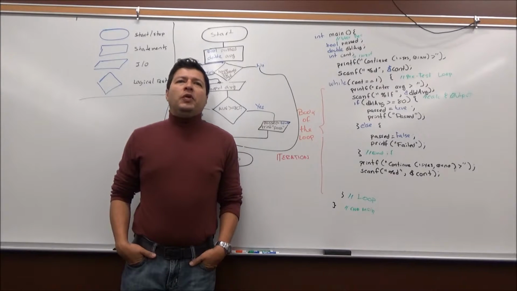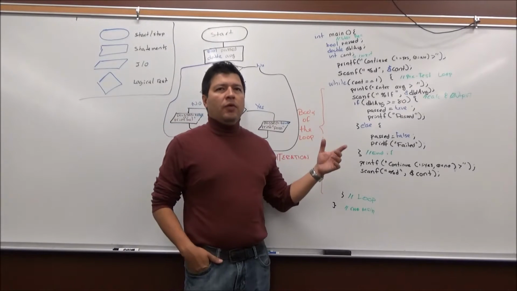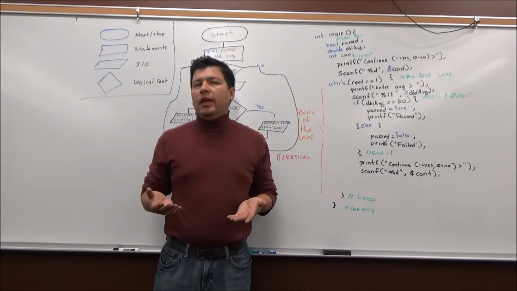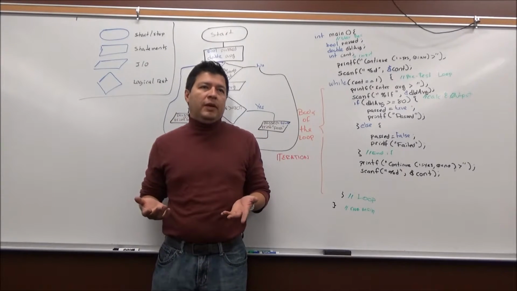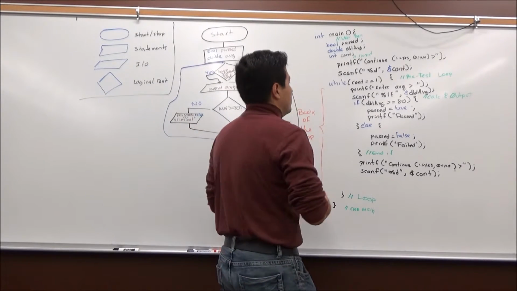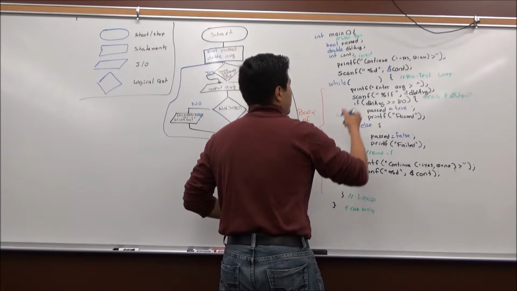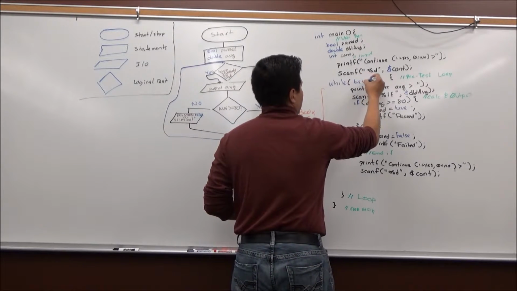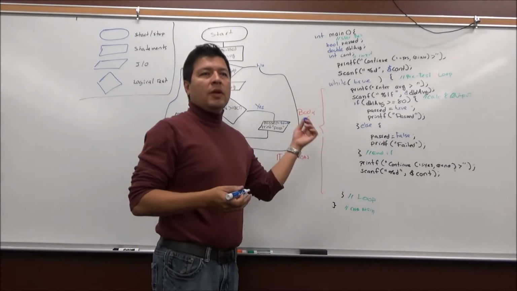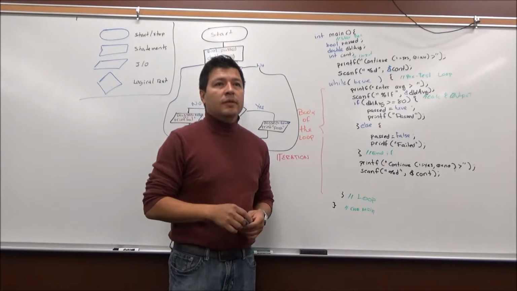Remember at some point I told you in the if you could put the word true inside the if. That means the if will always be executed, right? Same thing here. I could do something silly like that. You know how many times that loop is going to be executed? Forever, right?